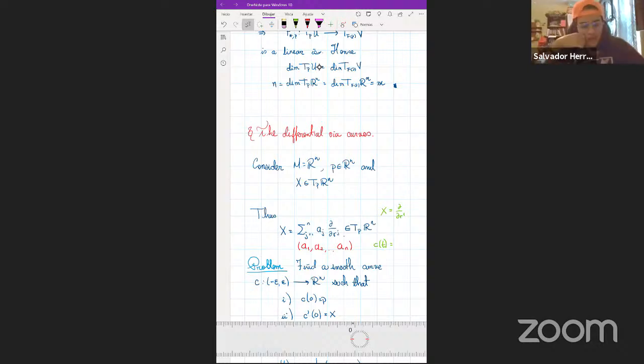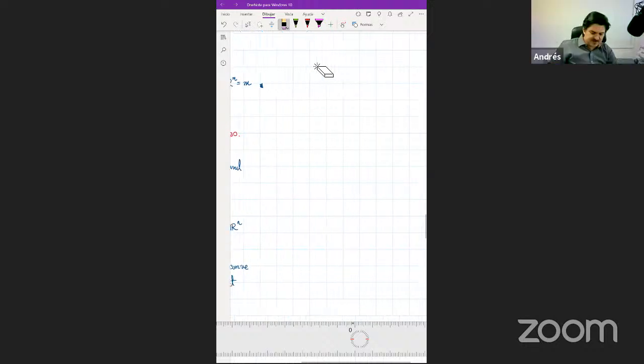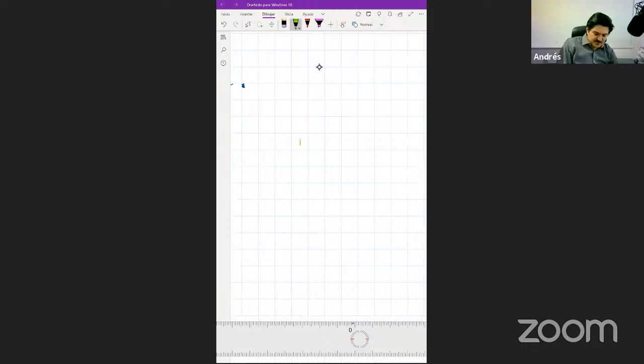Let me think. Okay. Let me move aside here, and only in 2 dimensions. I want a curve from the reals to R2.